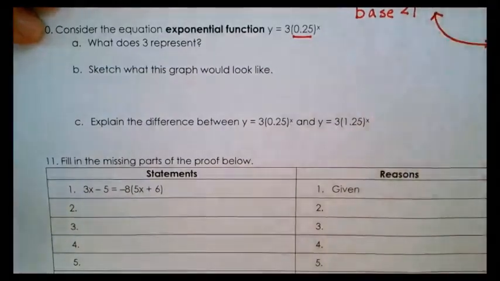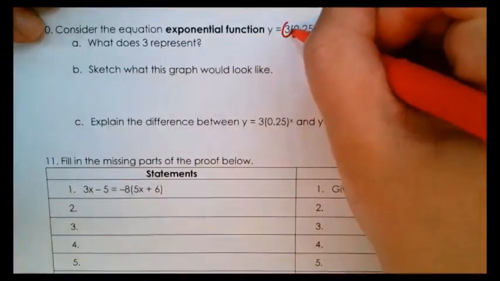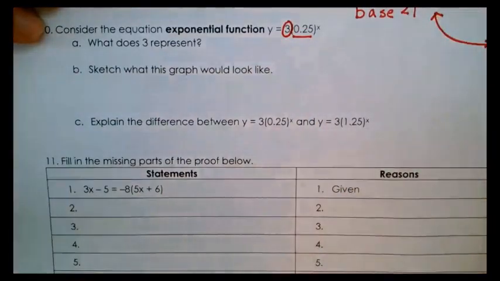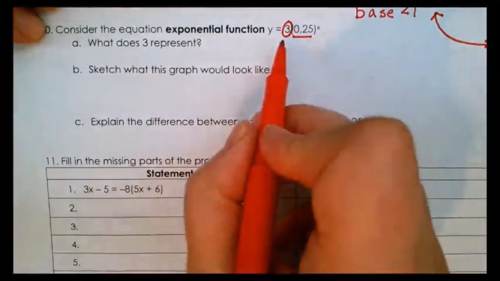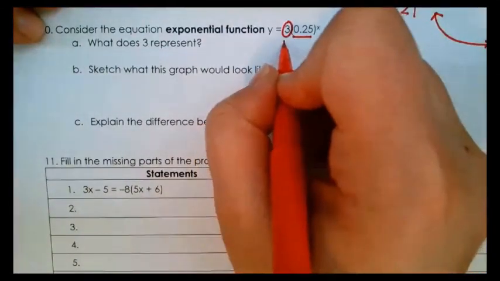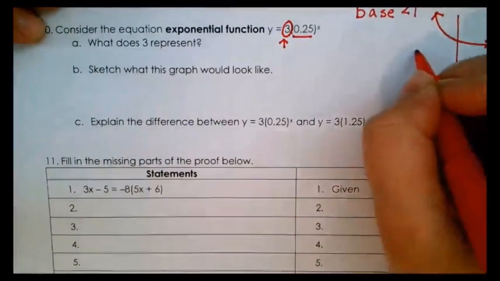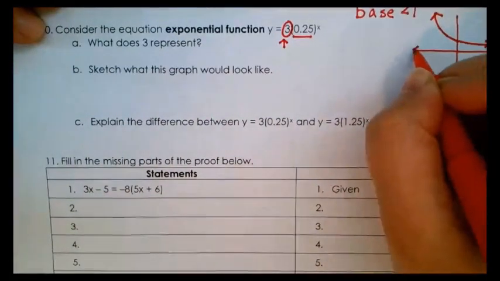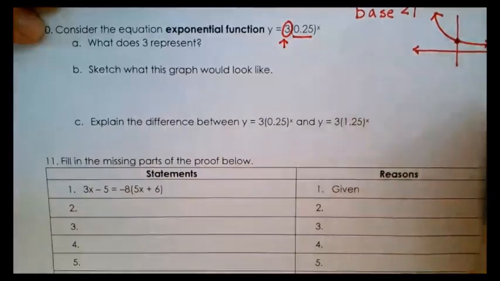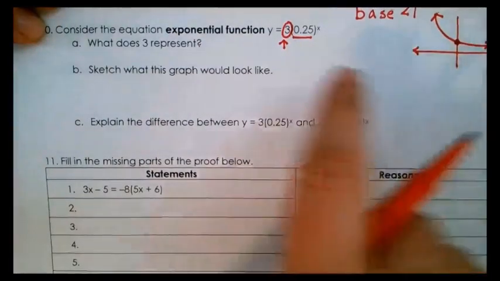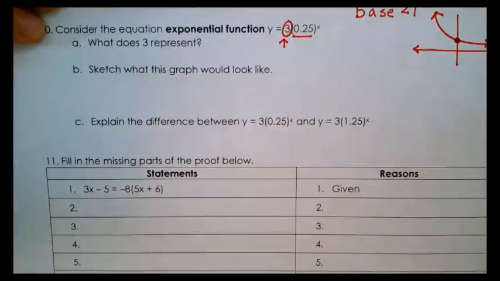Now this is not like the last problem because what we've introduced now is we have a coefficient to our base. Now when you have a coefficient to your base, this is going to be a multiplier that's going to move your y-intercept, which before was at 0, 1, is now going to move it to wherever that coefficient says.